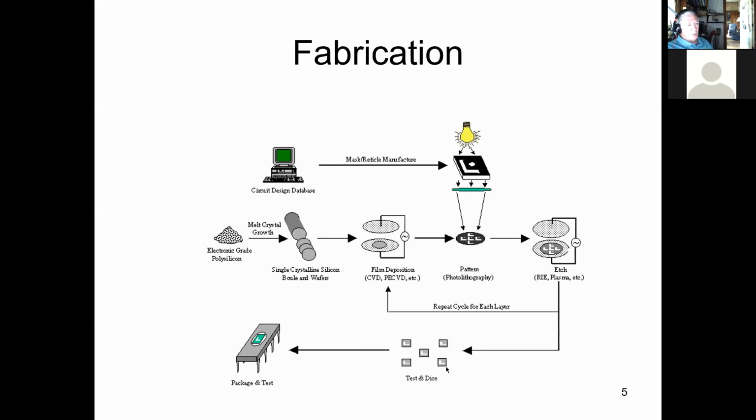It's tested. It's sawed into single individual chips. The individual chips then have leads bonded onto them with bonding wires, and then they're connected to, these days not pins typically, but pads, so that they can be surface mounted.